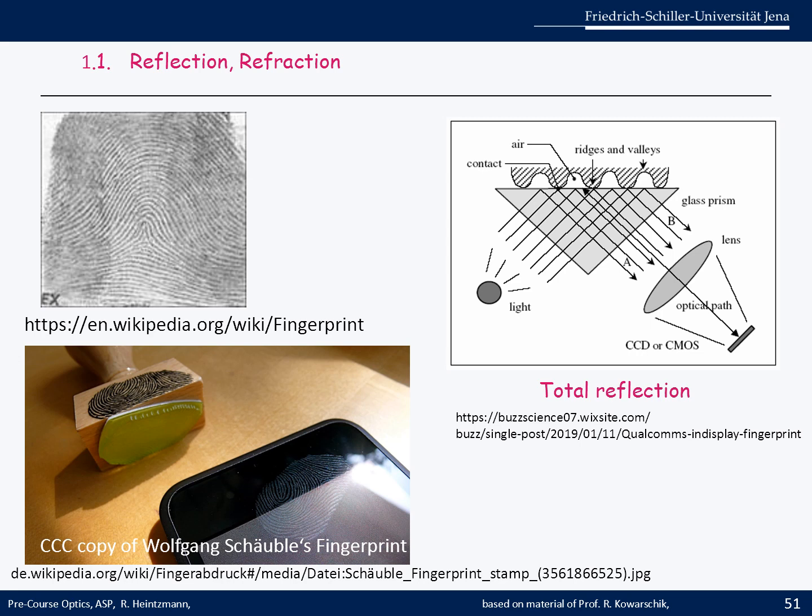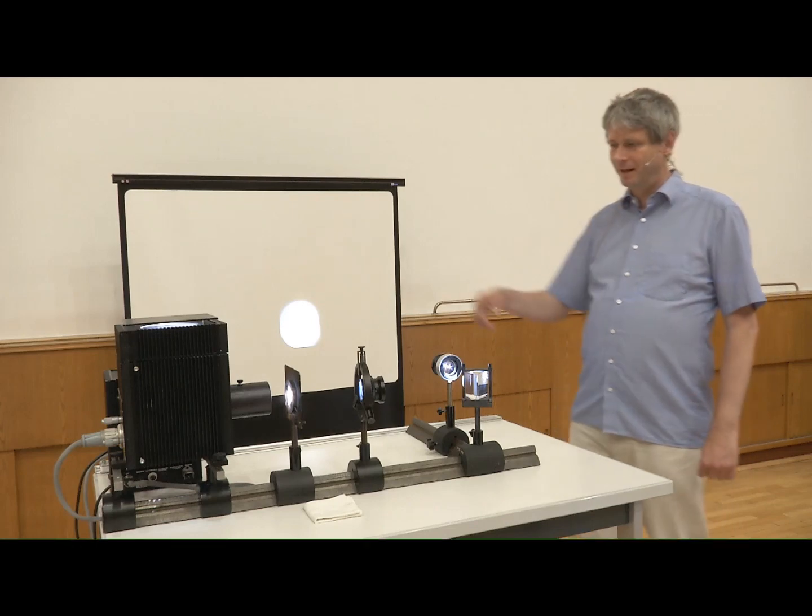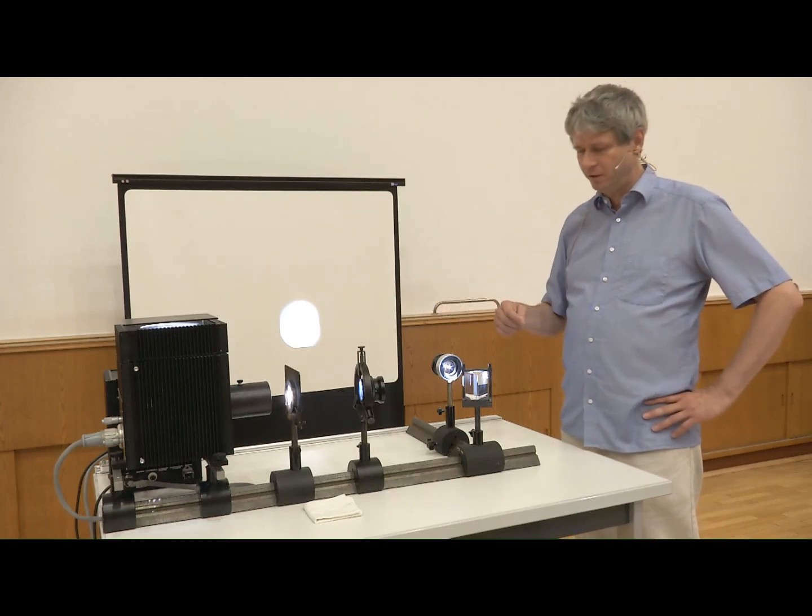So now we're going to show an experiment with a fingerprint as well. In this experiment, you will see how a fingerprint device really works. In this case, we don't use a camera. We directly project it to a big screen with a powerful lamp. Here we have another example of total internal reflection.